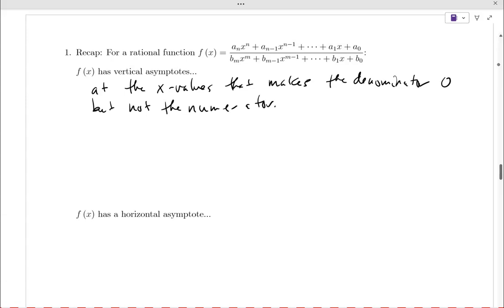If it makes the numerator and denominator 0 at the same time, you have to do some more investigation, right? You would need to factor the top, factor the bottom, put it in lowest terms, and then see if you still have a 0 at the bottom or not. So x values where the denominator is 0 and the numerator is not, okay? Tells you where you've got vertical asymptotes.